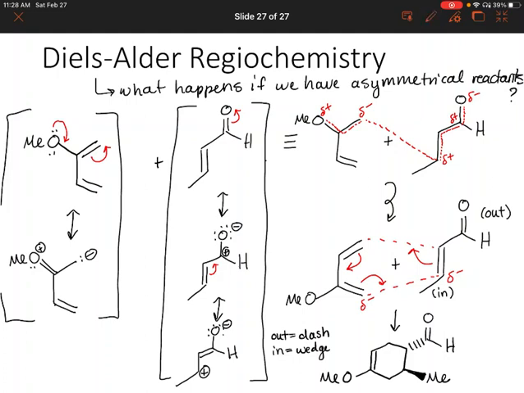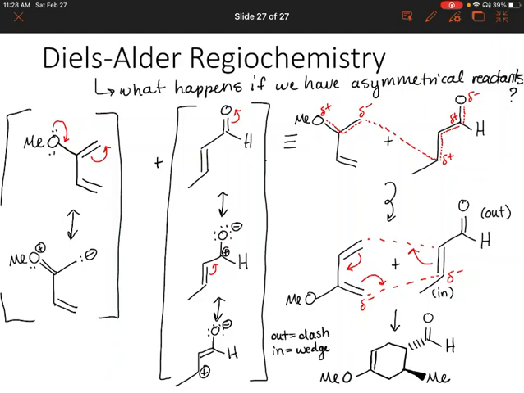All right. So we've gone over a lot in this lecture. We talked about exo versus endo configurations, and we said that endo transition states are more stable. So it's more stable for the electron withdrawing groups to kind of face inward. So typically they'll end up as dashes.